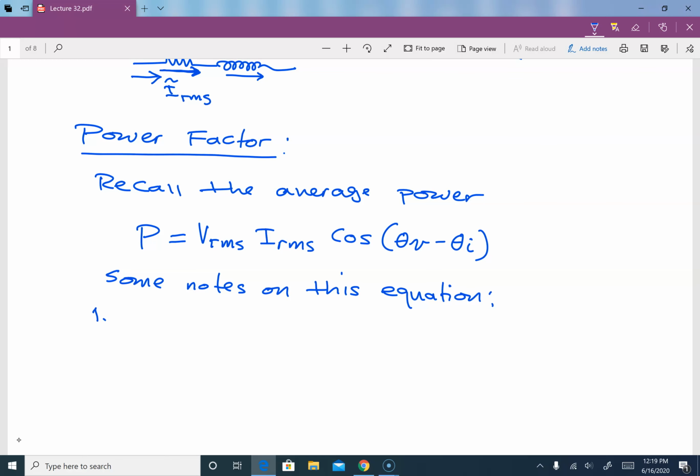The first note, that we do have apparent power.